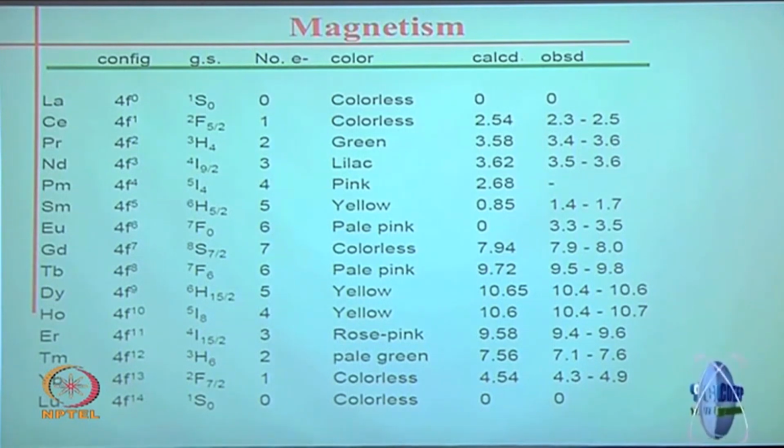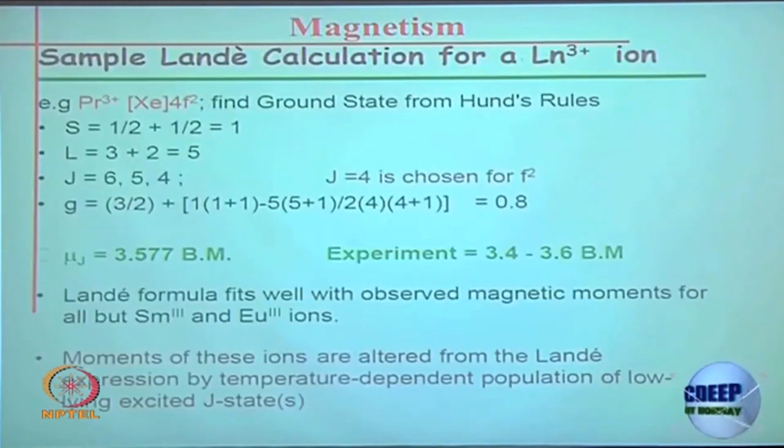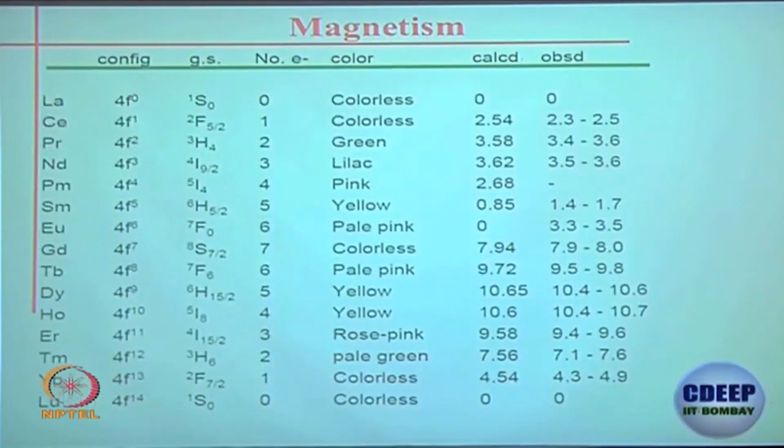Okay. The calculation is shown for praseodymium, Pr 3 plus. Just for clarity, one example is shown here, praseodymium 3 plus, which is f2 electronic configuration. You can calculate this one yourself first and then go on to calculate any of these.